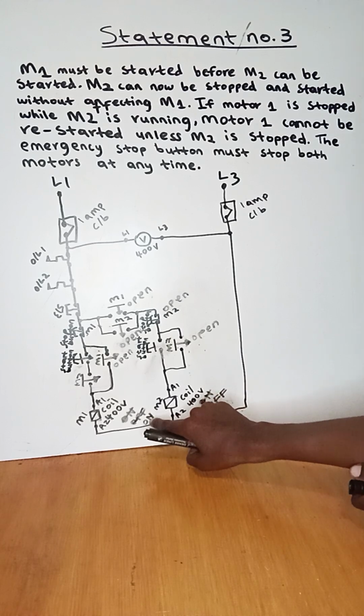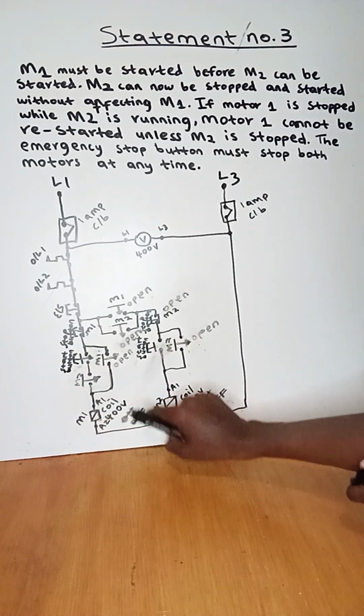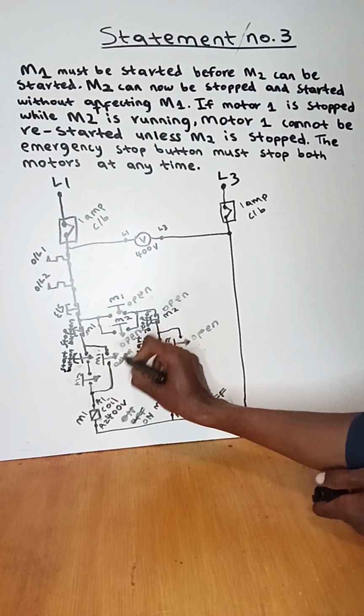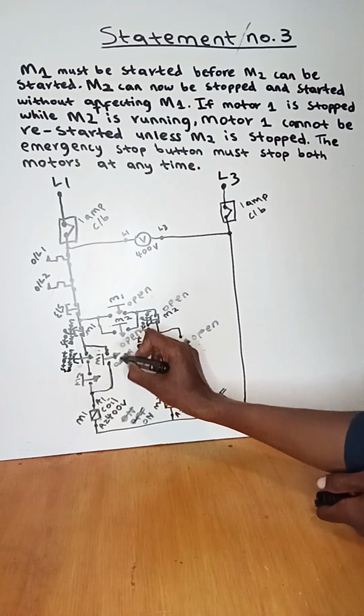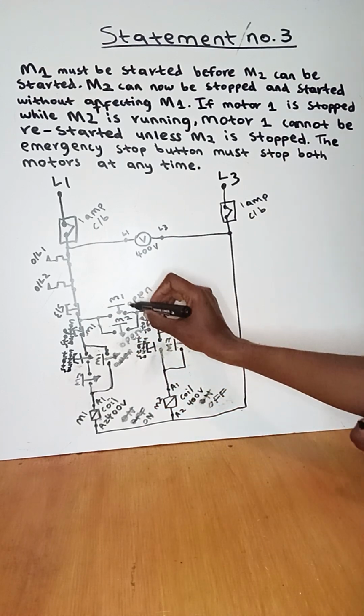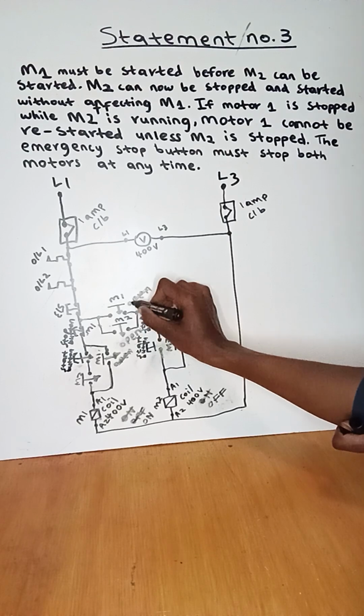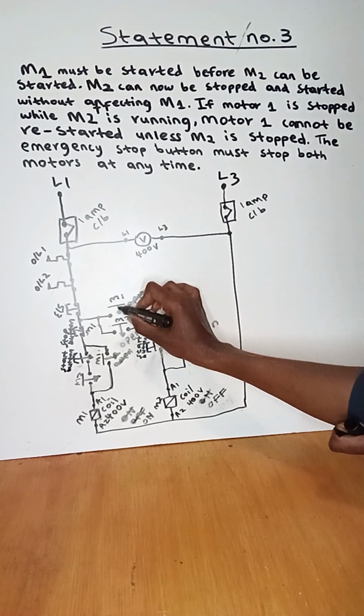And then when the coil of motor 1 is on, it will affect these contacts. Open will be closed, so it's no longer open but closed. So also the contact of motor 1 here will no longer be open, but closed.